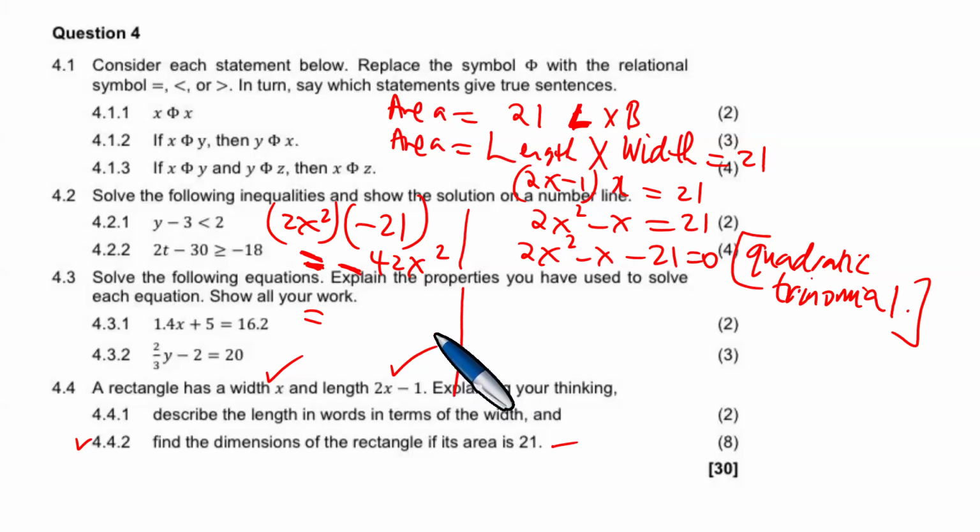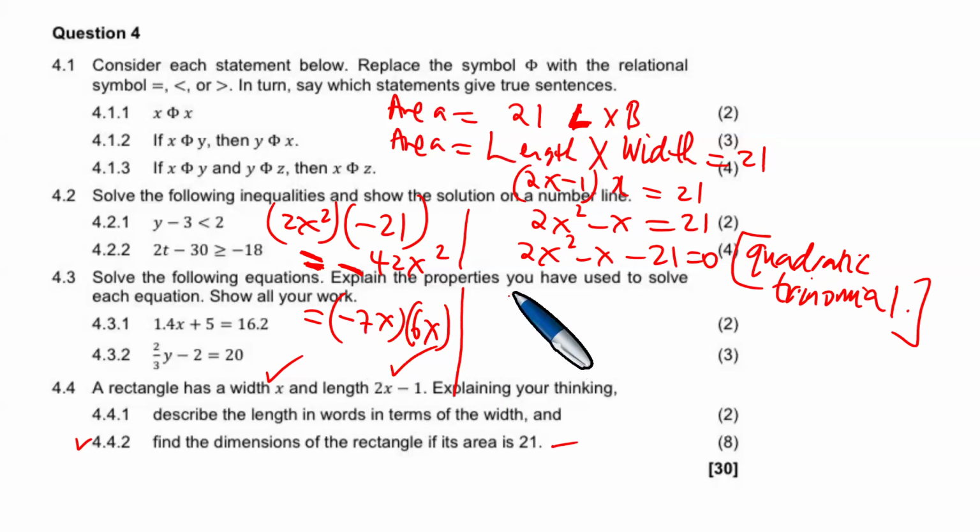What are the factors of this? They're very easy. Factors of minus 42: minus 7x and 6x. We've learned this from primary school. If you multiply them, we get minus 42.